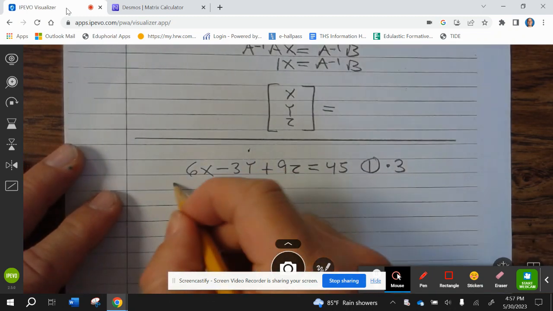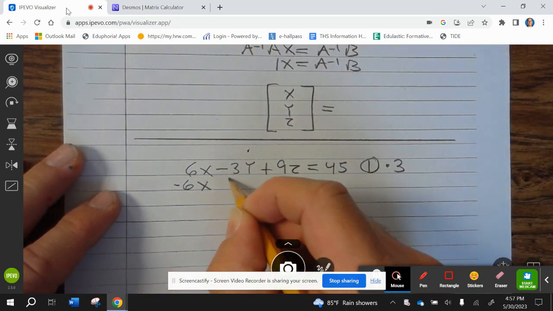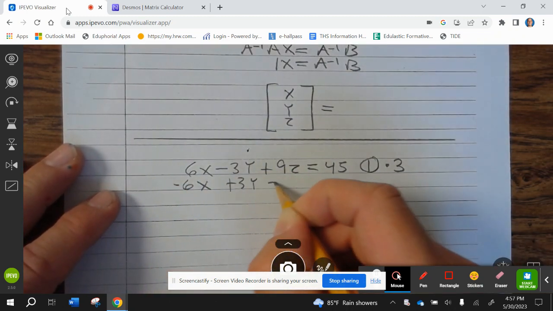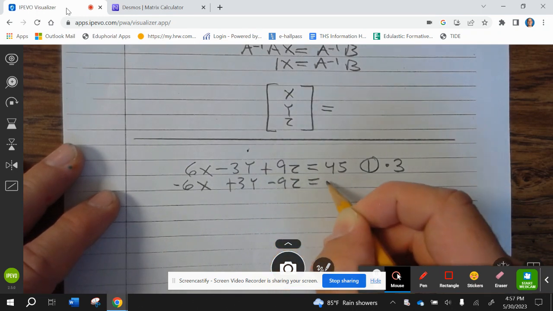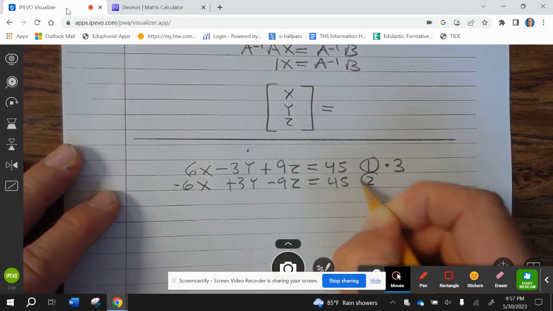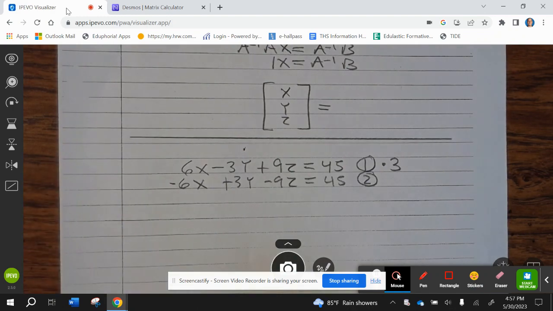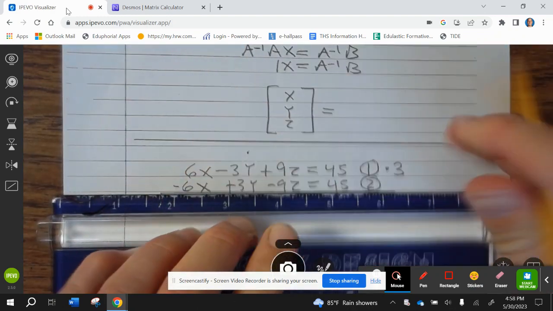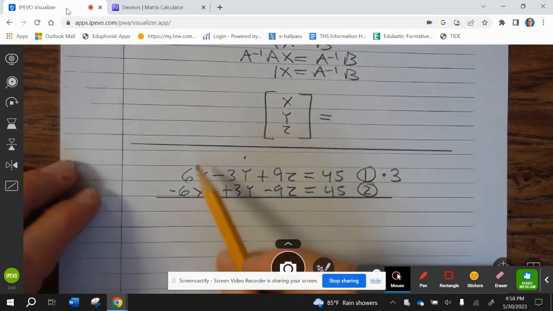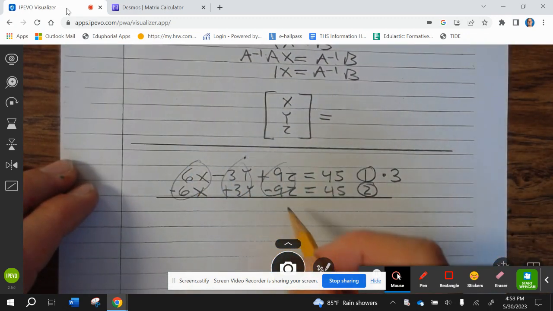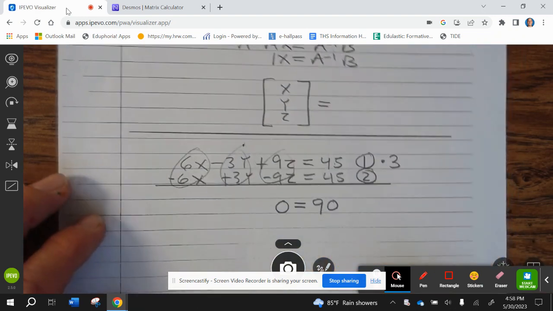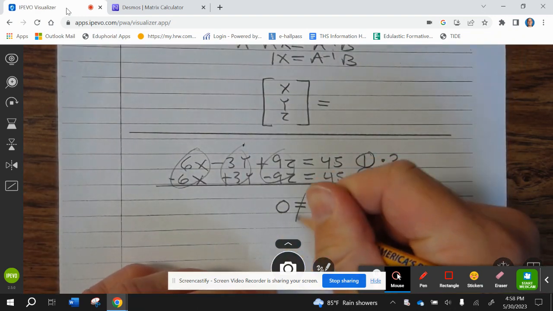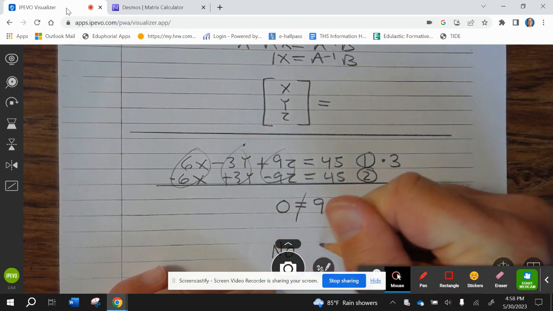And then equation 2 is negative 6x plus 3y minus 9z equals 45. And that's equation 2. This becomes 0, this becomes 0, this becomes 0. So you have 0 equals 45 plus 45, which is 90. 0 will never equal 90, so this is no solution.